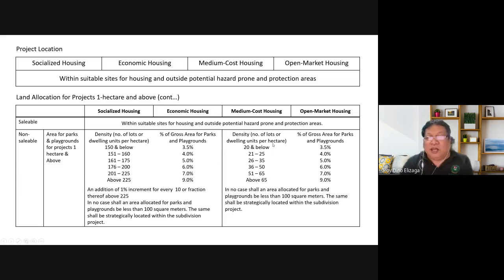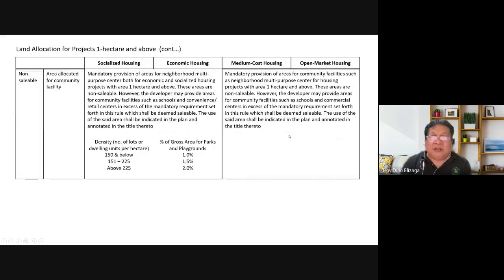So our lot is only 1 hectare, and you can actually compute already how many would probably be the number of lots, and then you can now allocate the parks and playgrounds here. So this percentage is part of the 30%, although this is 3.5% of the whole property, but they're counted under the 30% of open space of the non-saleable. So our plate will be concerned about this one on the right, about medium cost and open market housing.